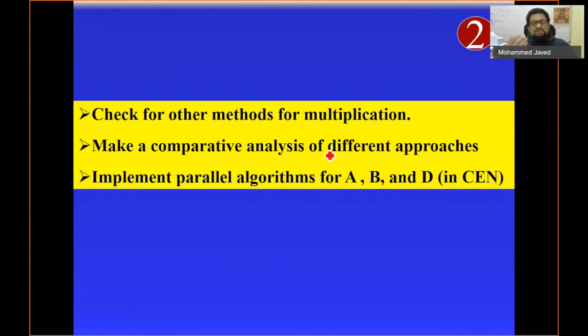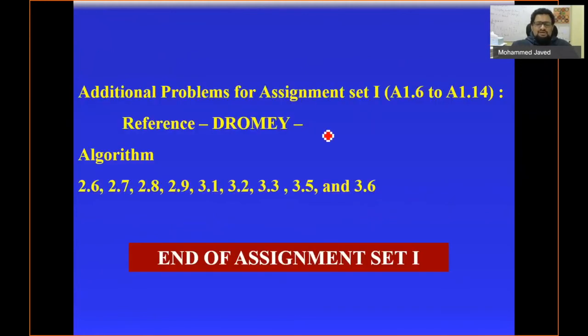You have developed 4 versions of the same problem, so try to work out the time and space trade-off and the computational complexity, and try to do profiling. Also try a parallel implementation of, for example, algorithms A, B, and D, and see the performance based on the number of processors. So there are some assignment problems.